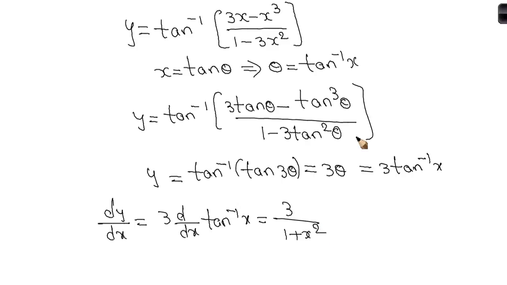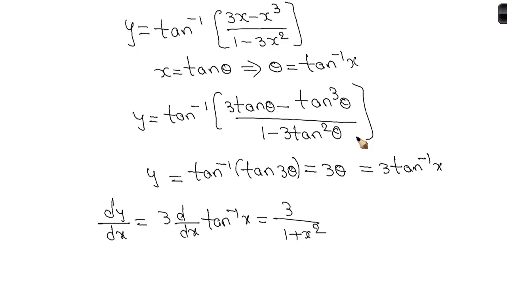Okay. The question looks so terrible. You can do the same thing: y is tan inverse of, 1 by 1 plus x square, instead of x you can replace with 3x minus x cube by 1 minus 3x square, whole square, into again the derivative of this function, which is 3x minus x cube by 1 minus 3x square. Doing this might be cumbersome.